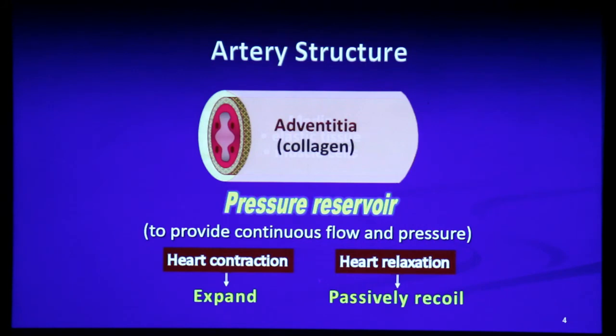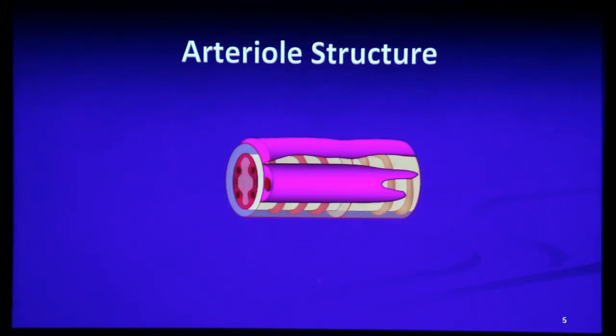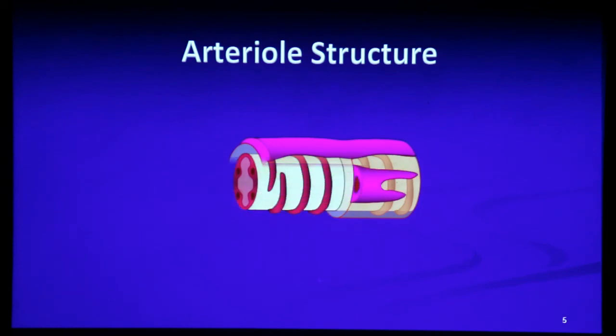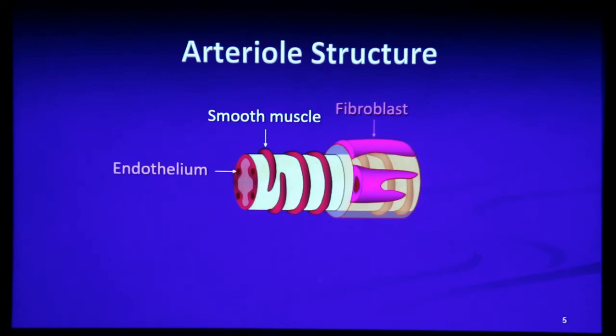Now let's see the arteriolar structure. When you see the arteriolar structure, you'll find that the arterioles have concentric smooth muscles on top of it. They are circular in shape, and these are the ones which can constrict the arteriole further, and therefore these muscles are present all around the circumference of the arterioles.